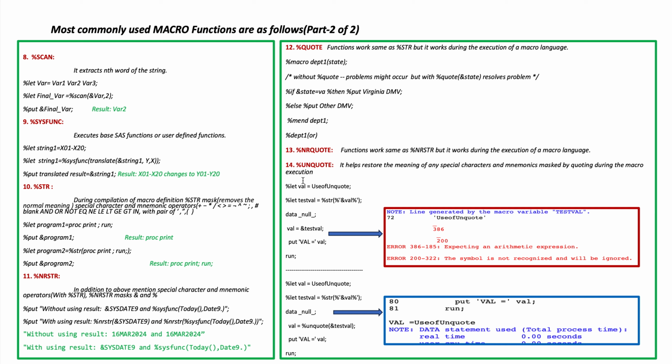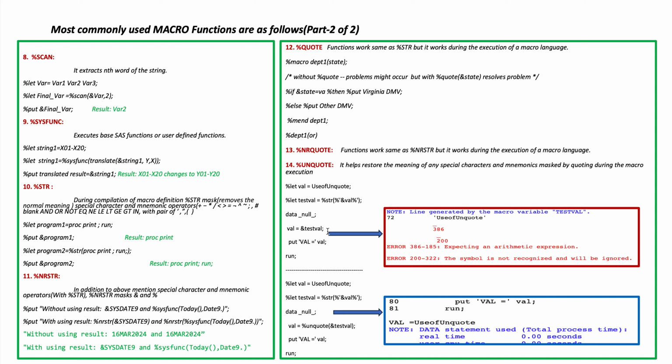Suppose here is a macro variable val, and its value is use of unquote. Let another macro variable be testval, and we are using here %str, %quote, &val, %quote.